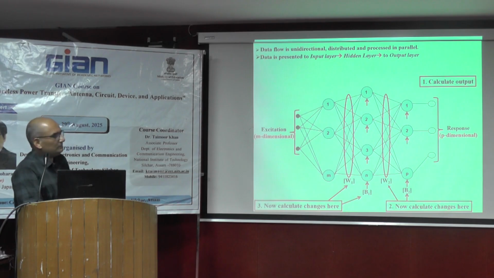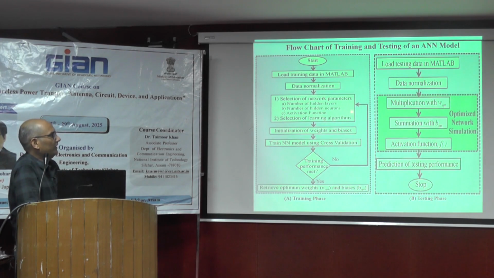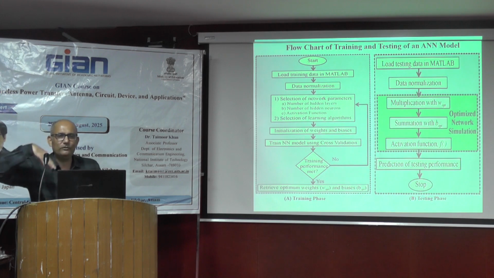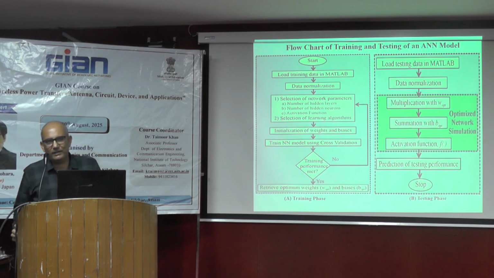Now these are a few steps for calculating this in MATLAB, or it may be in Python or some other platform. Start and load the training data, then data normalization, because real problems may not always be available in the form of zeros and ones. We need to deal with current, voltage and power, so you need to normalize, because machine learning techniques give effective outcomes for normalized patterns.